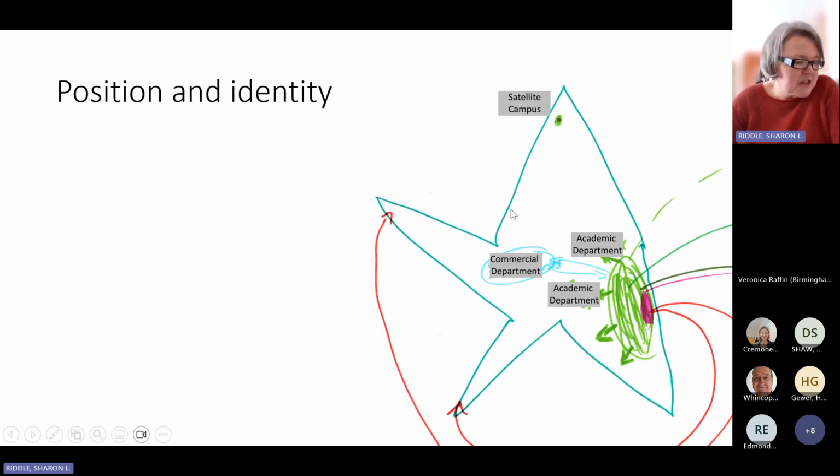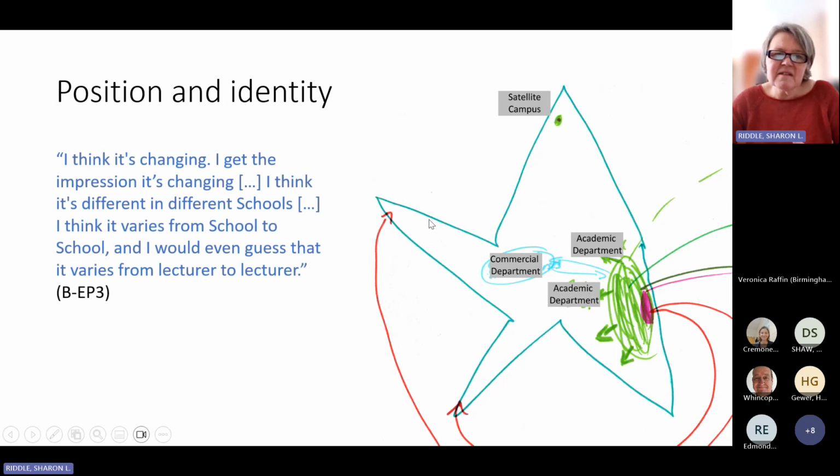Then we've got position identity. So here we have, when I was doing the exercise, sometimes people drew these maps and were thinking geographically of the university, but sometimes it's more metaphorical as well. So here, this is both geographic, I think, and metaphoric.